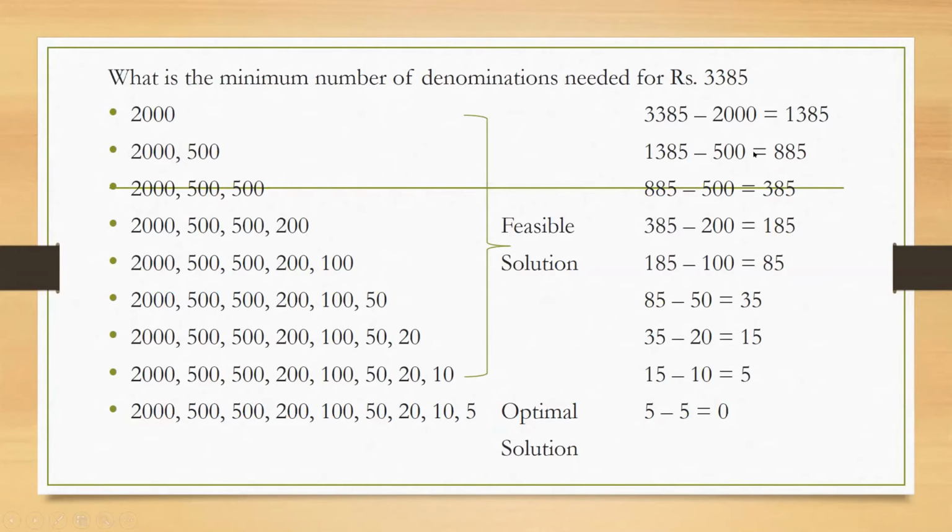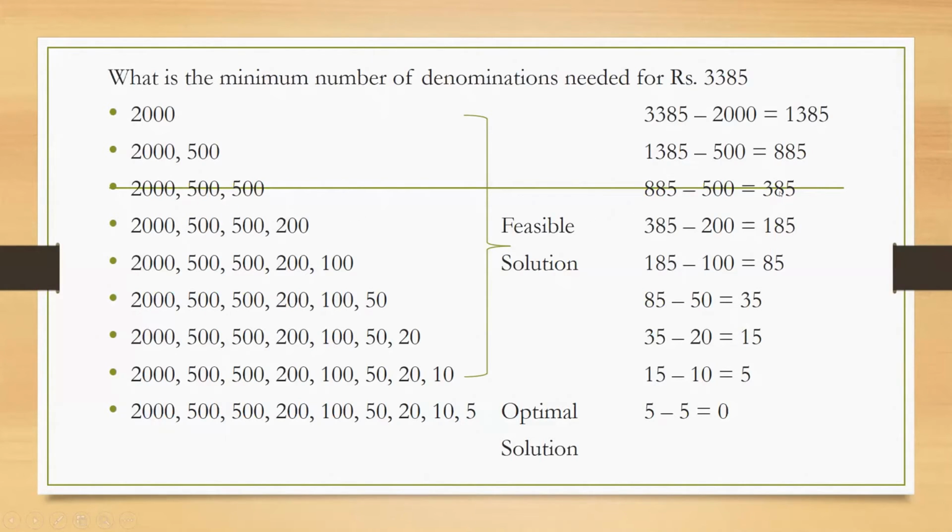The remaining is 885. Next, I choose one more 500, so out of 885, you deduct 500. The remaining is 385.